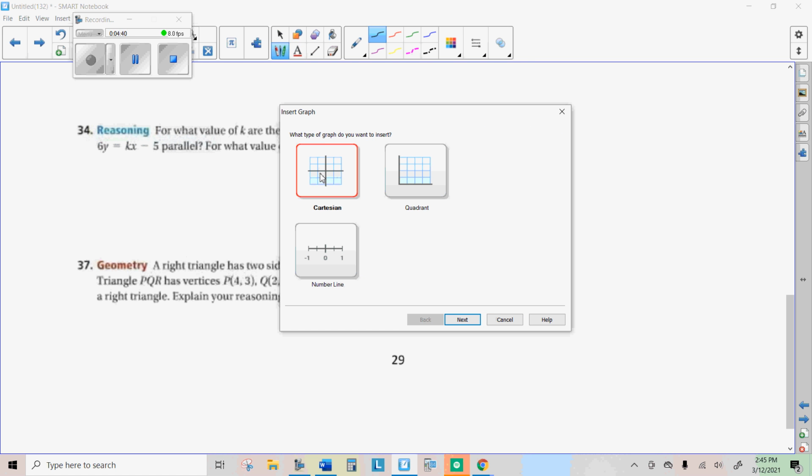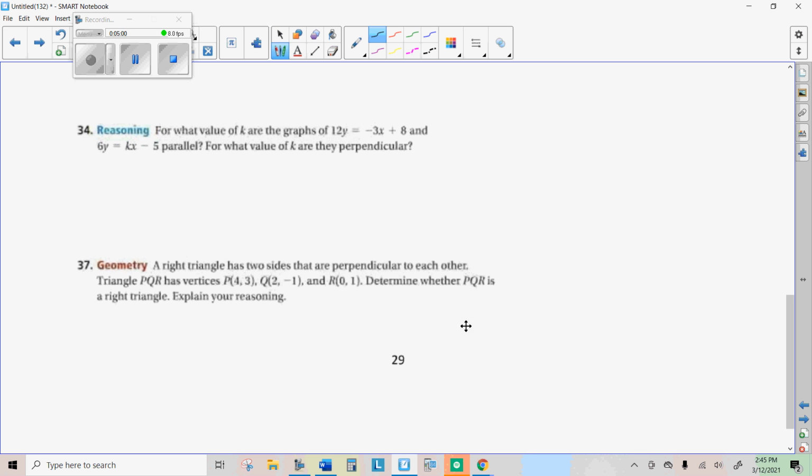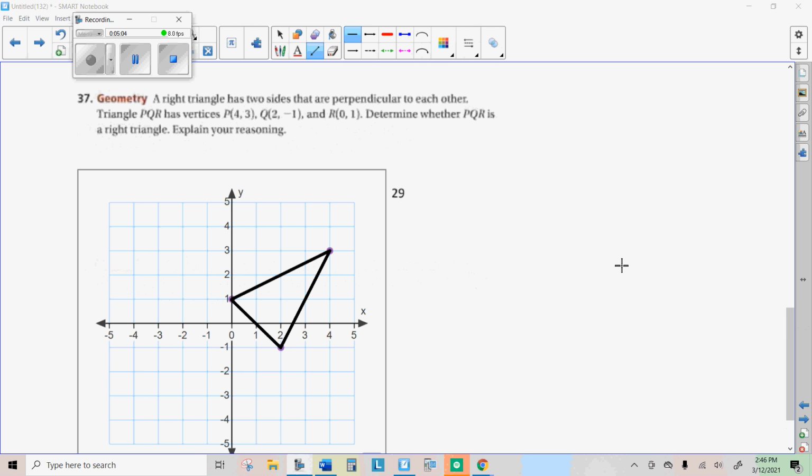There are some negatives, so I think I can just go to 5. All right, here's what it looks like when you graph it.